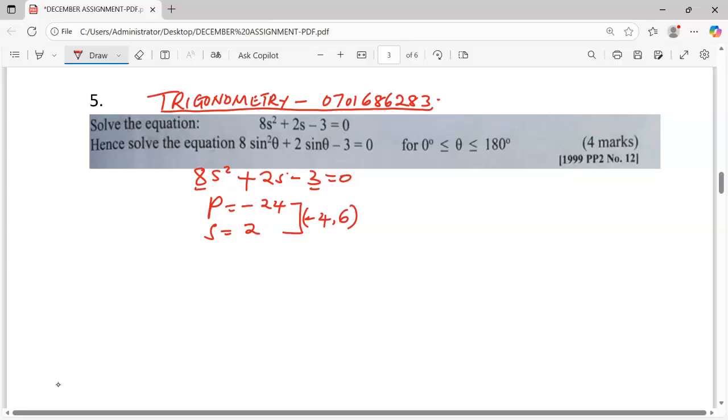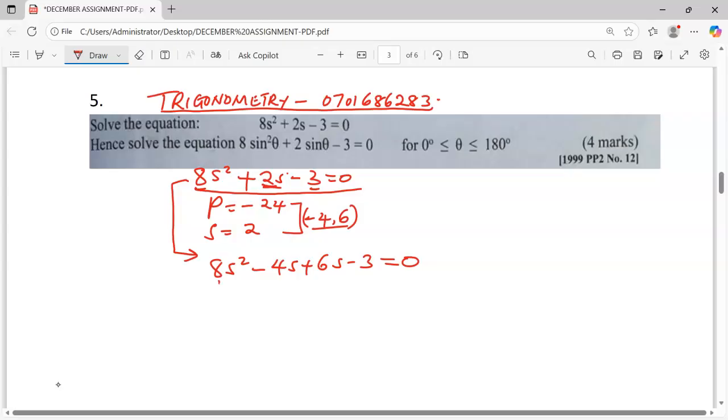Once we have gotten the factors, you simply come down and write the quadratic equation. We are going to have 8s squared, and the linear term is replaced by the factors, that is minus 4s plus 6s minus 3 is equal to 0, such that negative 4s plus 6s will bring us back to positive 2.